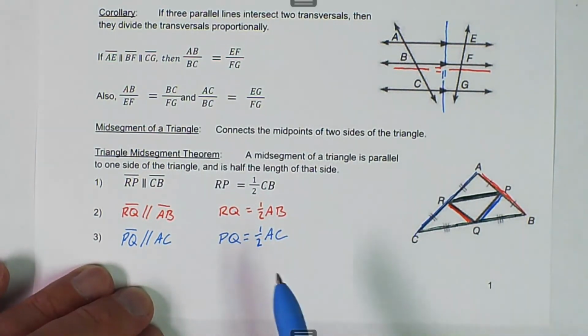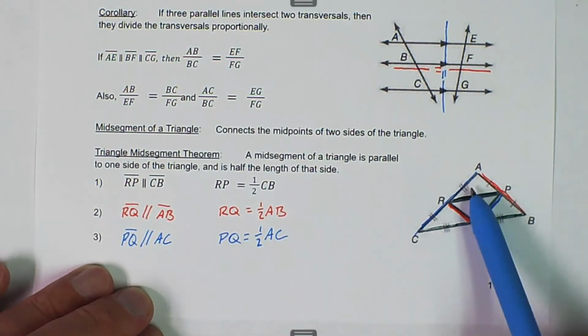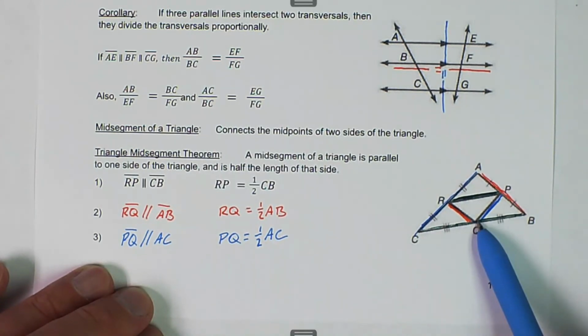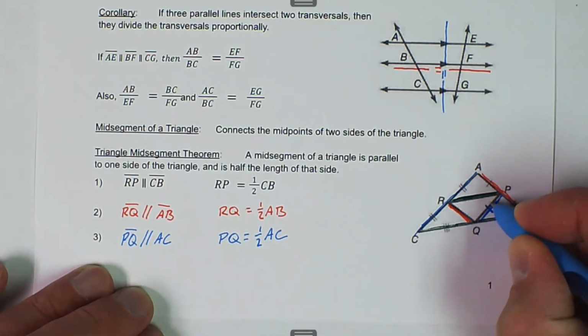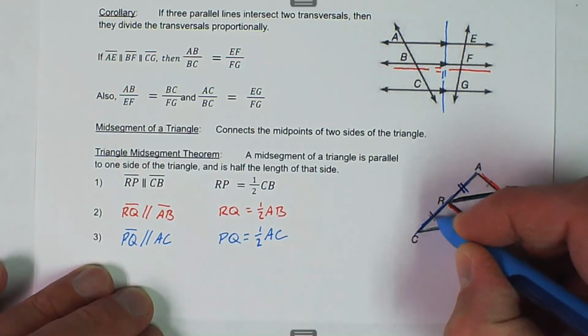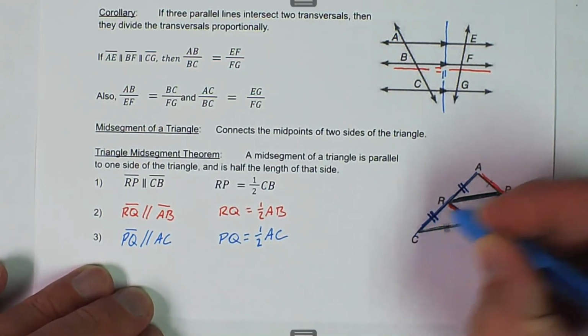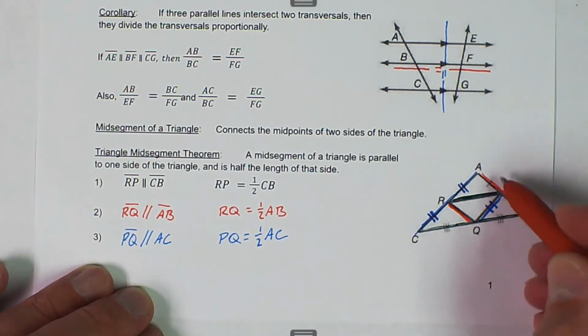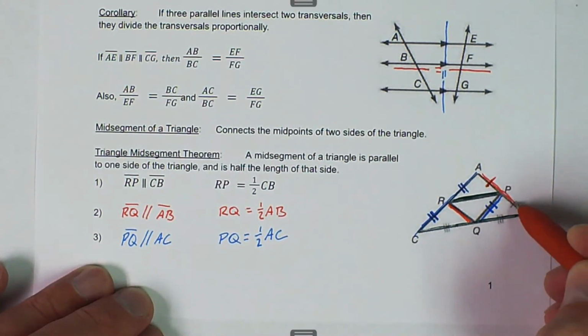So some things that we can add. If this is cut in half and PQ is half this distance, we can add two congruent marks right there to match the existing two. And this one's cut in half because these are both congruent.